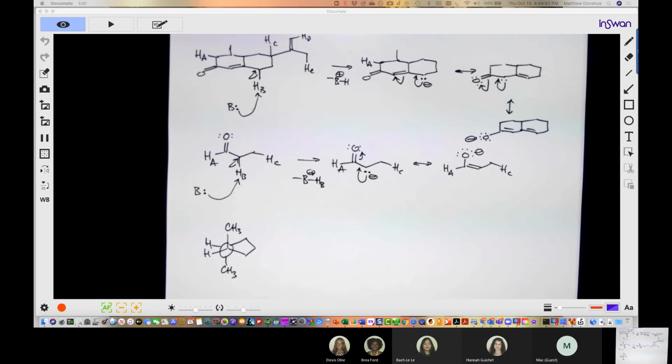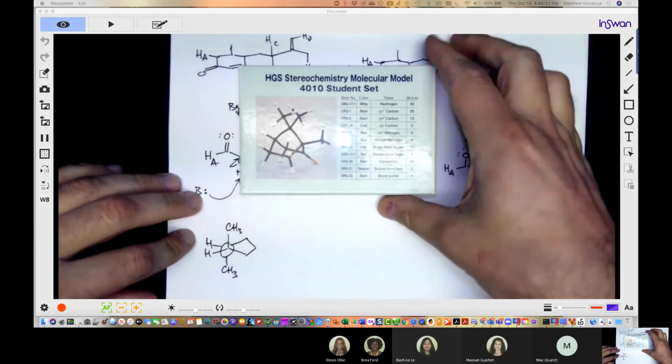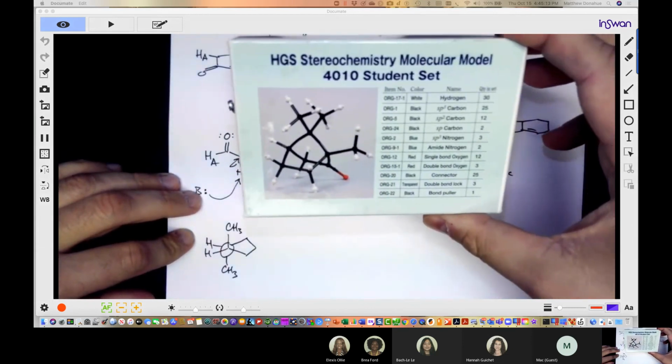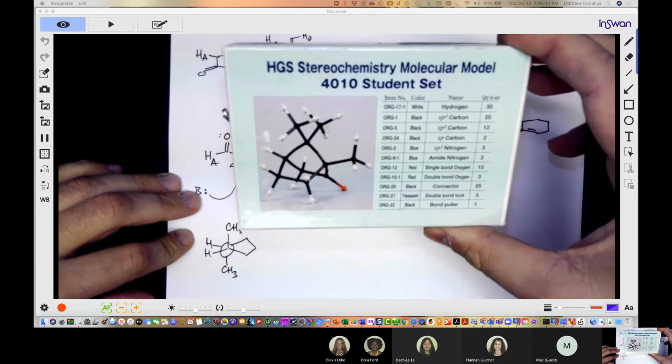So maybe give me a second and I'll make a little molecule here. So if you've got some funds, I prefer this model kit, the HGS Stereochemistry Model Kit.